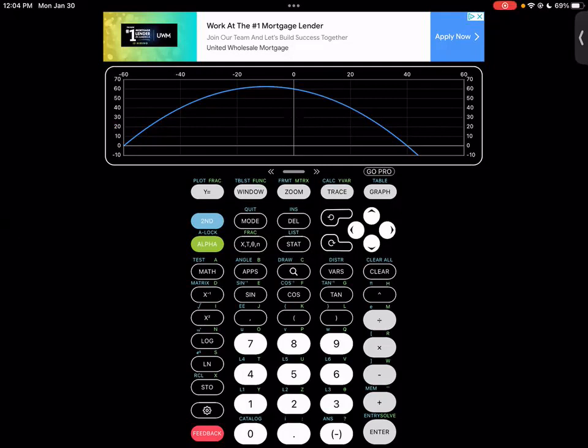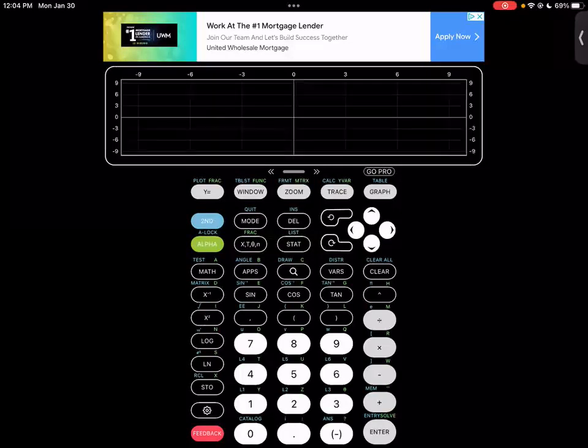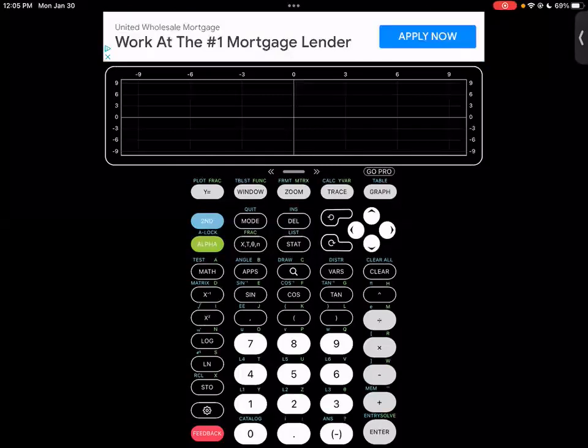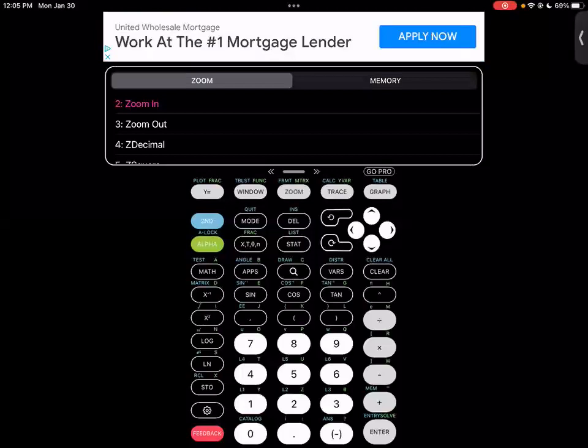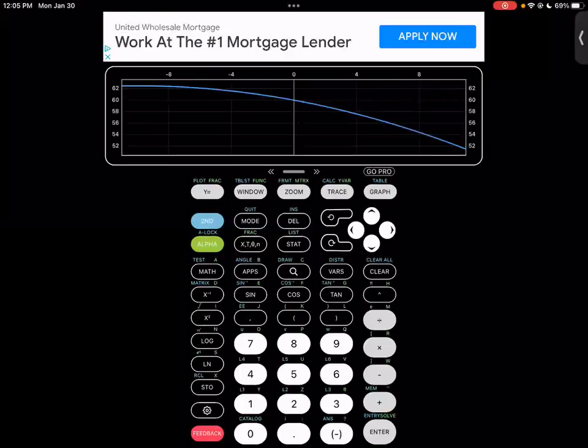That's a standard graph. So let me see what happened. I do Zoom 6. Zoom 6 is a standard graph, but you don't want that if you can't see anything, right? So let's see, Zoom 0. Let's go back to the original. Zoom.